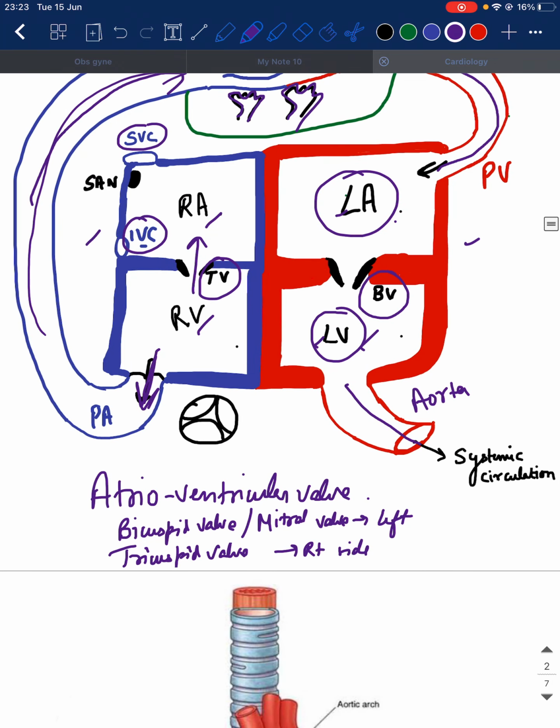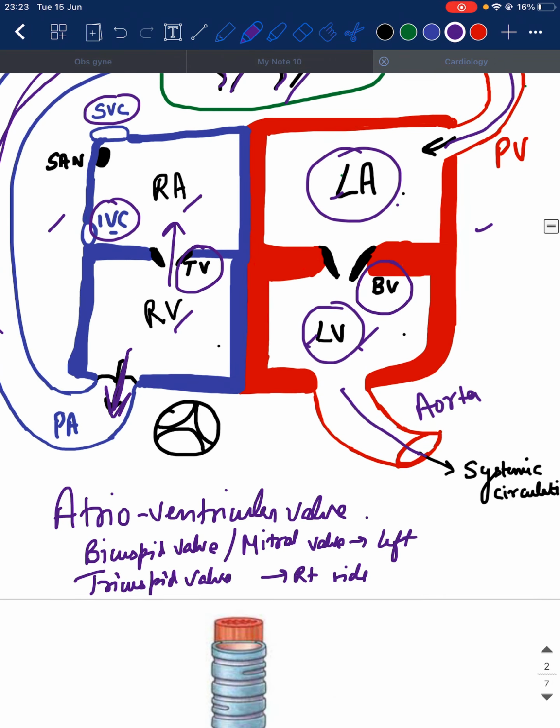Very simple. And there should be something which prevents the blood coming from the aorta and pulmonary artery from going back to the respective ventricles. So here, exactly at these two areas, we have another valve which is known as the semilunar valve. Okay, semilunar valve.